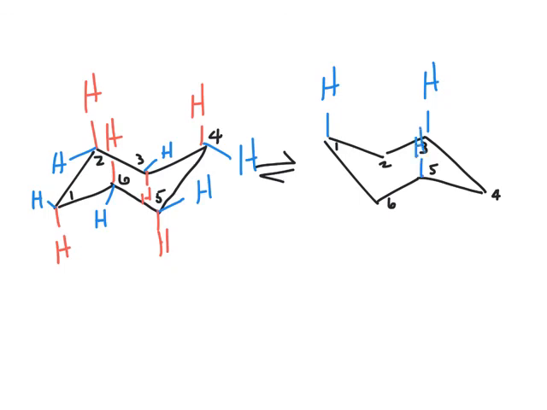And those that were axial on position 2, 4, and 6 that are pointing up will now be down on 2, 4, and 6. And our equatorial positions are going to be here in red because we're switching those positions. And again, you want to make sure that you're maintaining angles greater than 90 degrees.